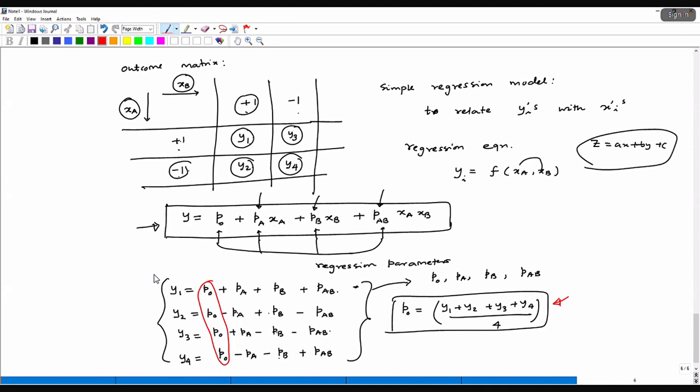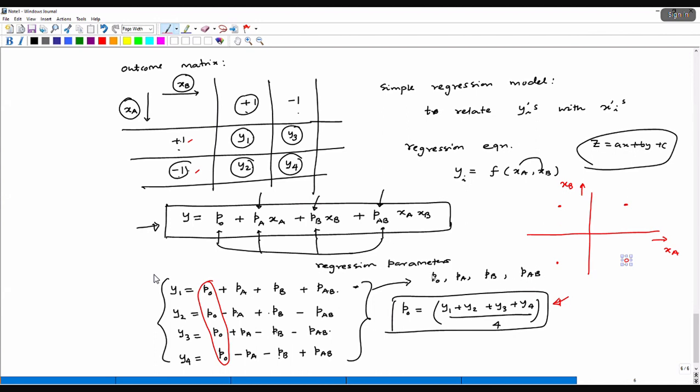Now, basically, if you represent this in a graphical form, let's say this direction is XA and this direction is XB, you will have basically 4 points here, depending on which one is plus, which one is minus. So here both are plus, here XA is plus, XB is minus, here both are minus, here XA is minus and XB is plus.